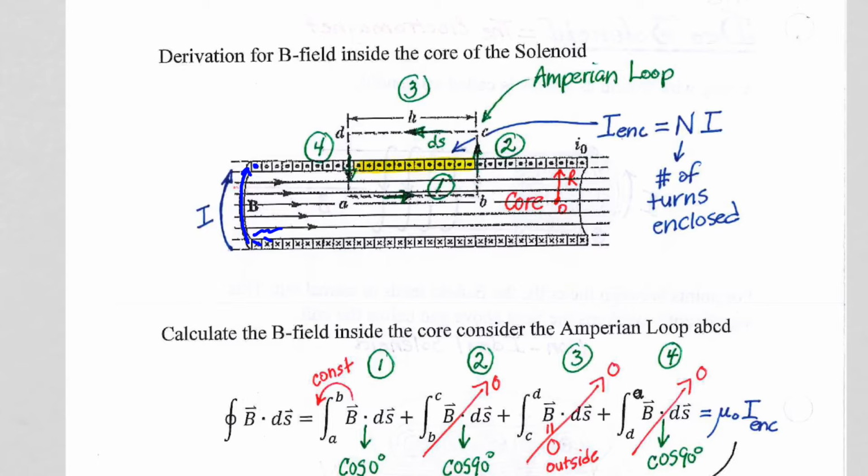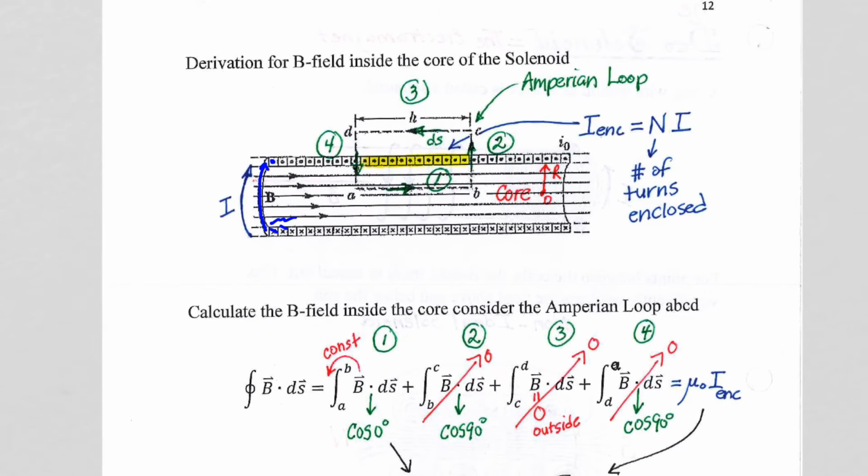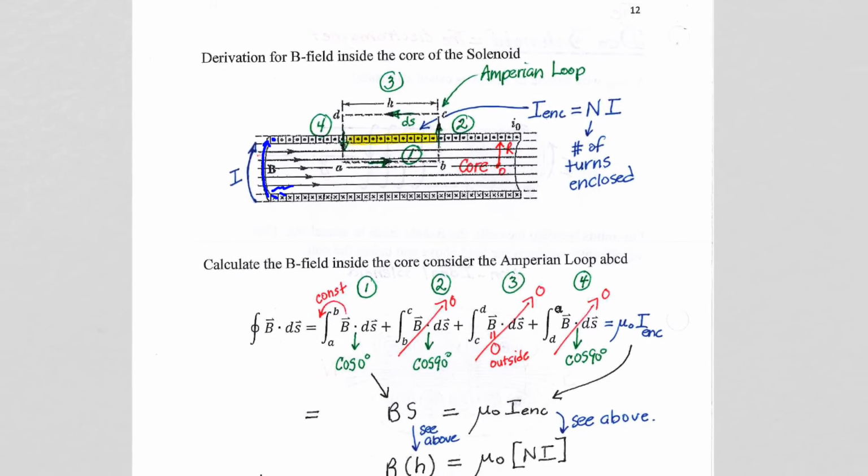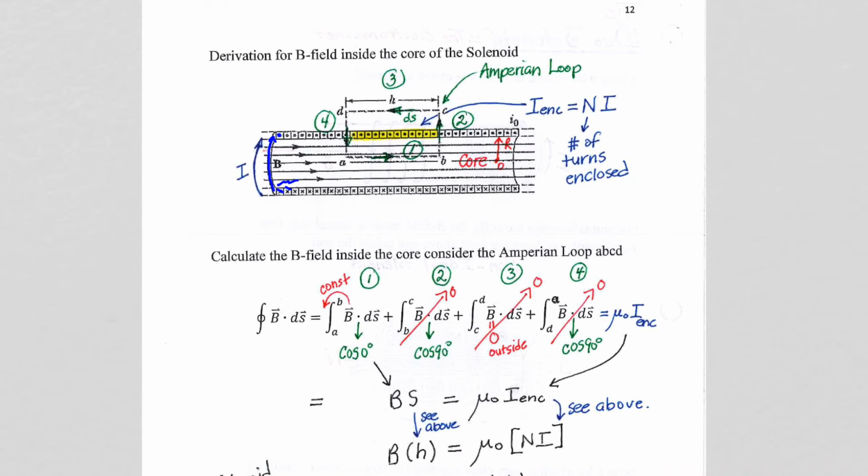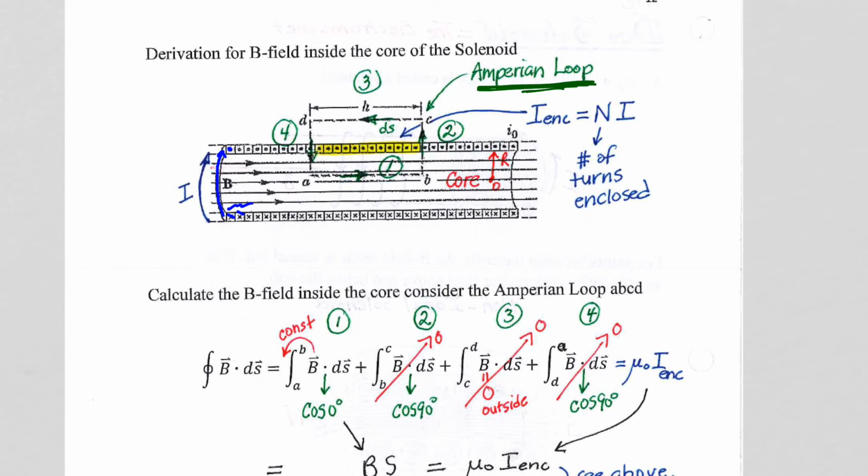Well, you can be asked on the AP test to derive the B field inside the core of a solenoid, and you just have to know that this is our exception. We are going to use an Amperian loop where we are going to line up the loop such that, of course, it goes counterclockwise, but we are going to run one portion of the loop along the B field. That's important.